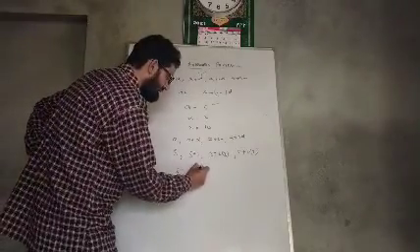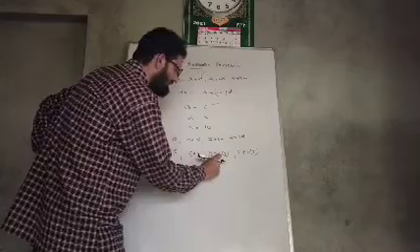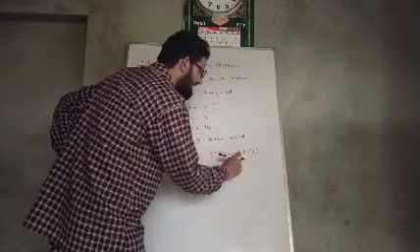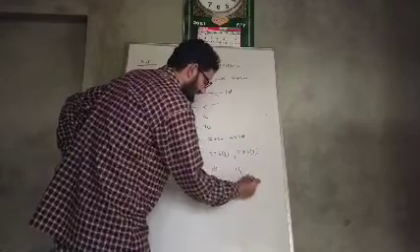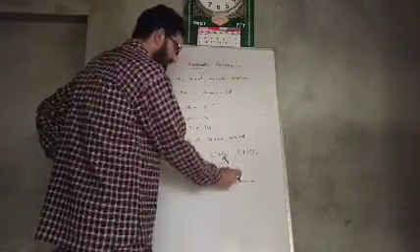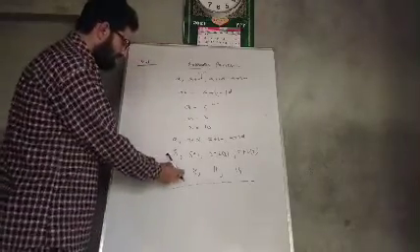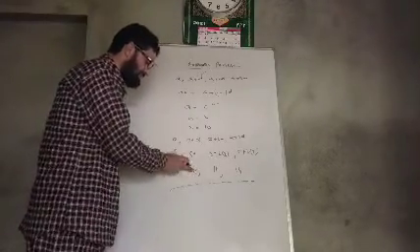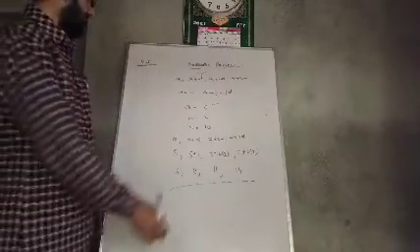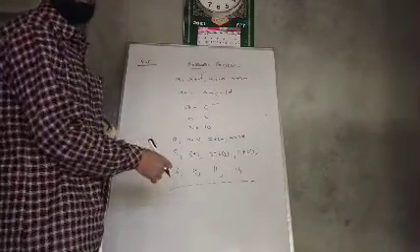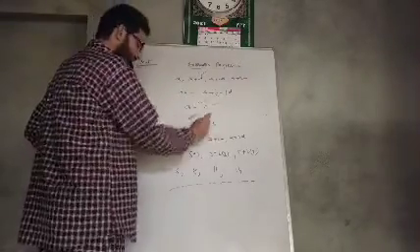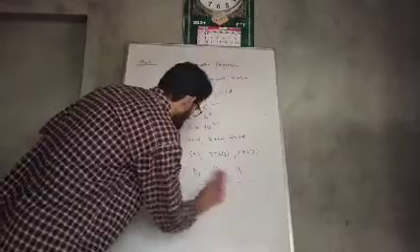Second term is 8. 3 2s are 6, 6 plus 5 is 11. 3 3s are 9, 9 plus 5 is 14. Yes, this is an AP: 5, 8, 11, 14. So the common difference is 3. 5 plus 3 is 8, 8 plus 3 is 11, 11 plus 3 is 14. So this is an AP. This is how you can form an AP if the first term, D and n are given.